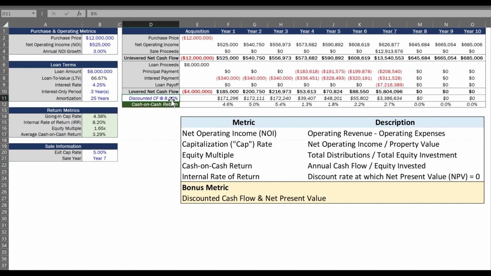We're going to be in a good spot because we're getting an additional spread between the return we're currently achieving on the property versus that interest rate. However, if interest rates rise to 7% and we're still only discounting at 8%, then this deal is no longer as attractive as it was when we initially underwrote the property.